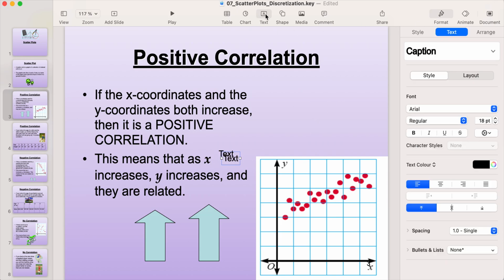Let me see if I can write this in here. Okay. The first point has values 0.5 for x and 3 for y.